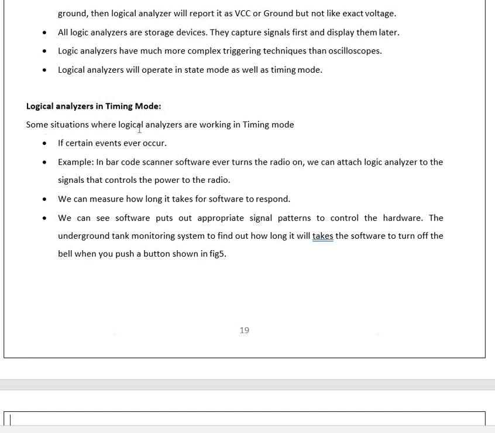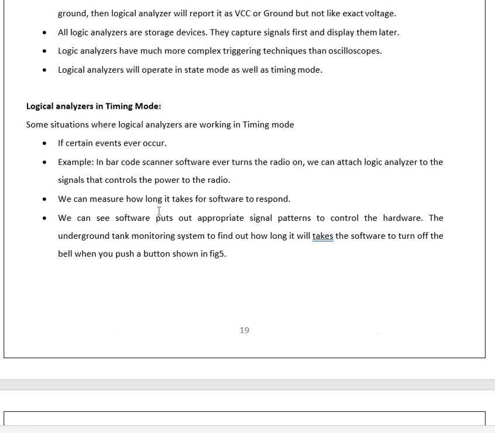Some situations where logic analyzers work in timing mode are if certain events ever occur. So now the example for this is, consider a barcode scanner. Whenever the barcode scanner turns the radio on, we can attach the logic analyzer to the signals that control the power to the radio.